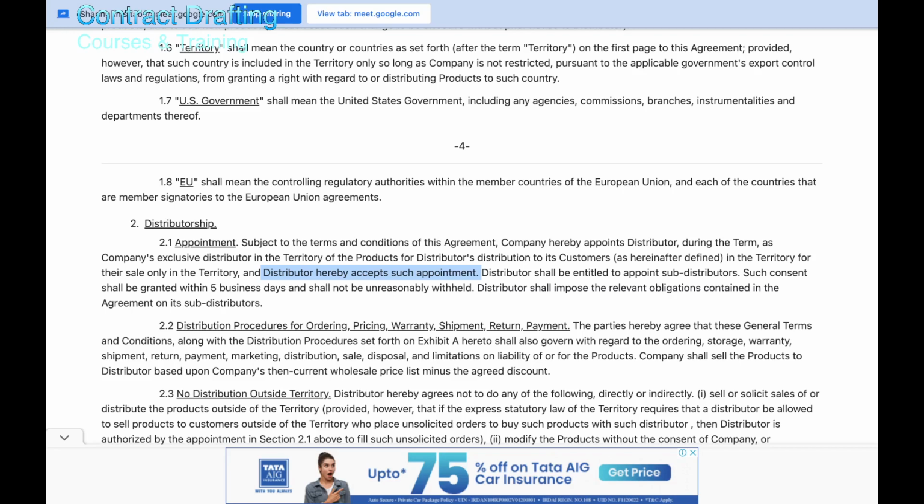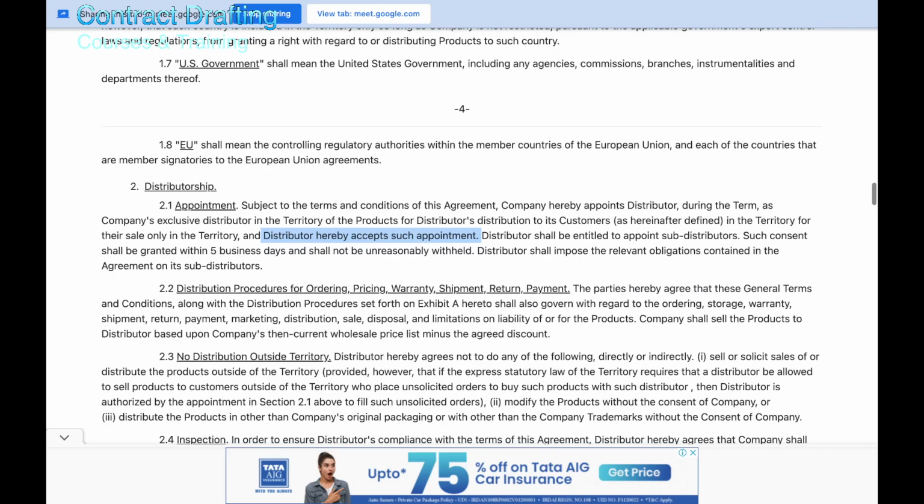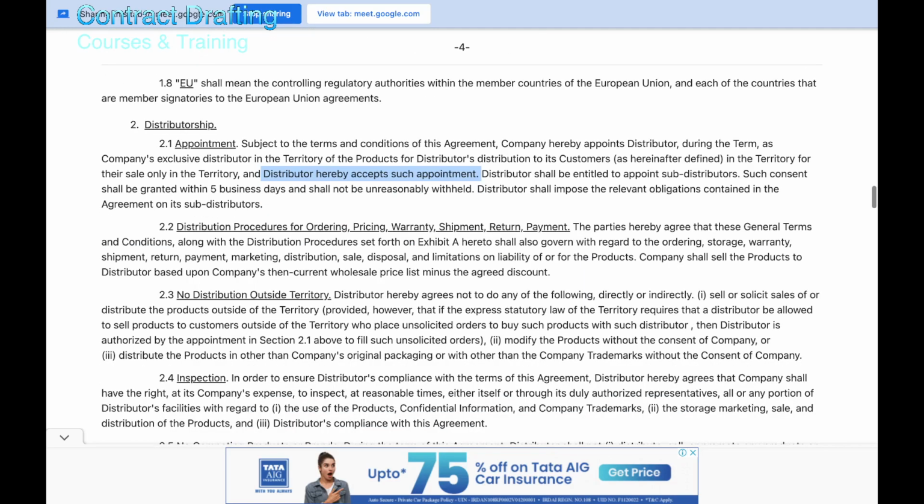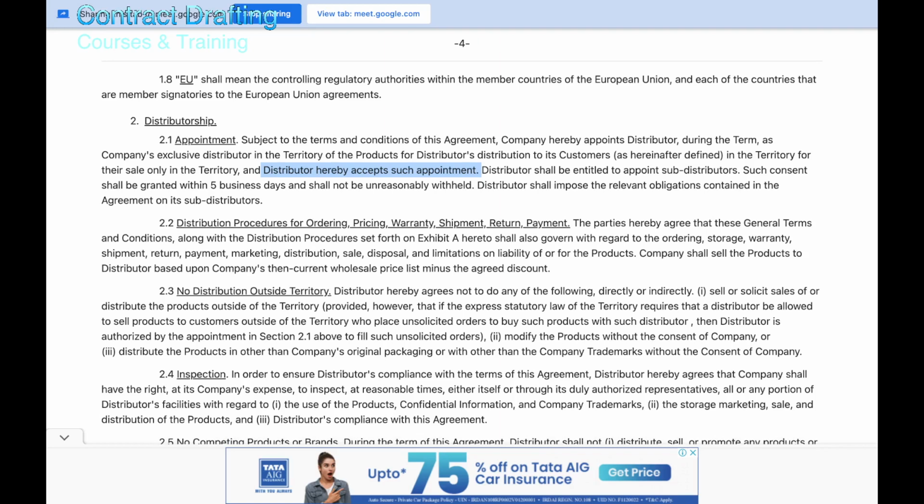Now, let's see 2.3, no distribution outside territory. Distributor hereby agrees not to do any of the following directly or indirectly: sell or solicit the products outside the territory, modify the products without the consent of the company, or distribute the products in other than company's original packaging or without the company's trademark, without the consent of the company.